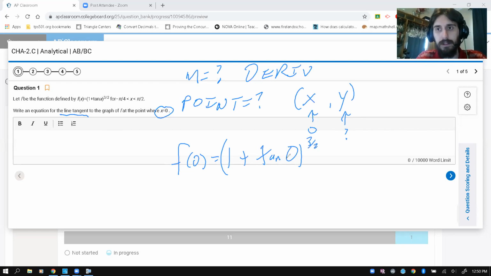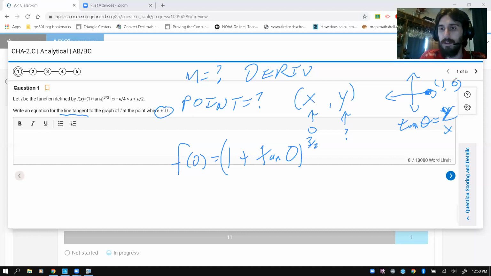But tangent of 0 is just 0, right? If you think on a unit circle, at 0 degrees, your coordinate is 1, 0, and tangent of an angle is y over x. And so 0 divided by 1 is just 0. So this is 1 plus 0, which is 1, to the 3/2 power is just 1. So our point is going to be 0, 1.